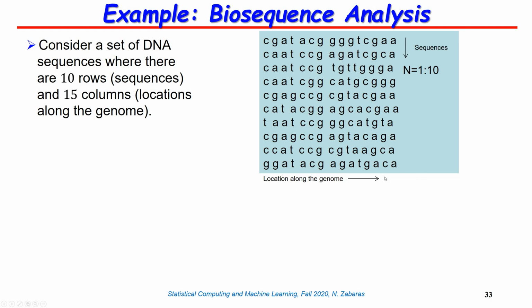Each row here is a sequence of the DNA in 15 different locations along the genome, and these letters that you see here are basically the fundamental, if you like, chemical building blocks of the DNA.